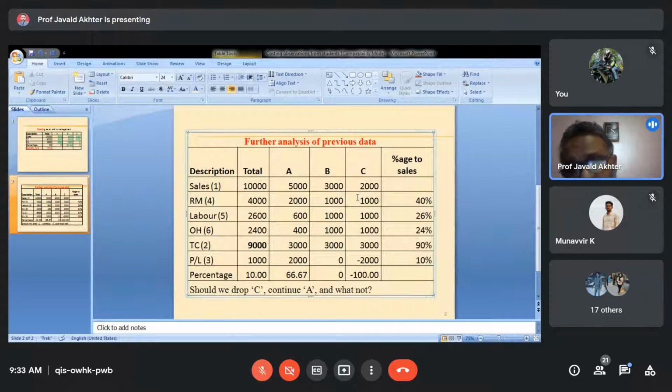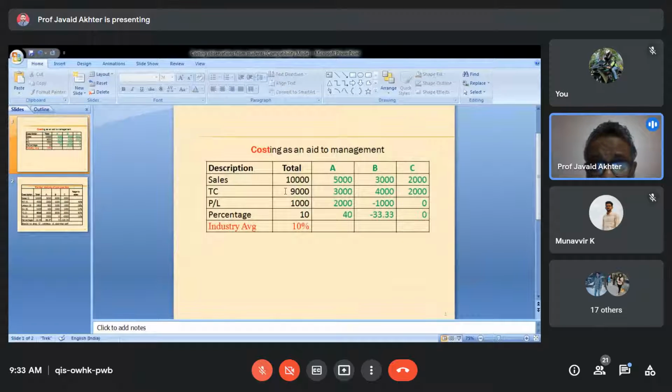Corrective measures can be taken only if we know where things have gone wrong. That is possible only by calculating cost data, not merely in the form of total cost, but in the form of out of total cost, how much on A, how much on B, and how much on C.